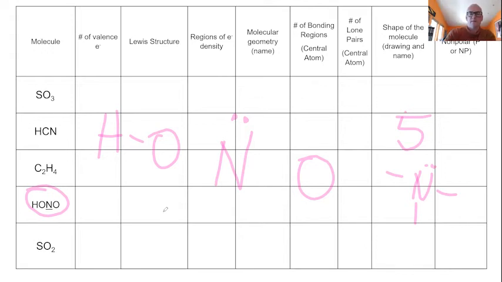That's right. 2 there, 1 there. And it's because oxygen generally makes how many bonds? How many valence electrons does oxygen have? What group is it in? It has 6, right?